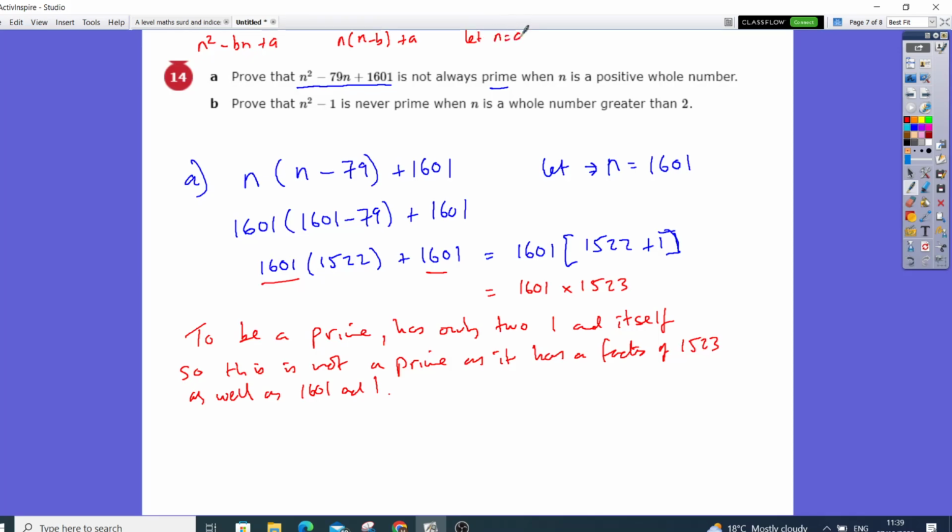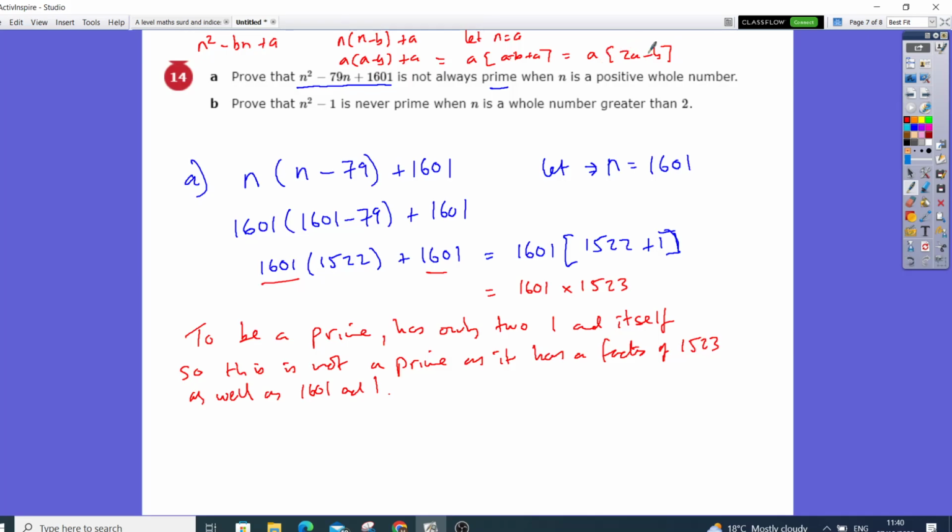n equal a, and then this expression will become a minus b plus a, and then when you factorize that, you get the a out, and in here you will end up with a minus b plus a, which will give me 2a minus b.